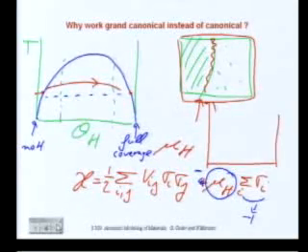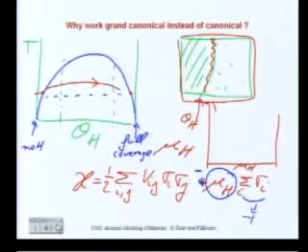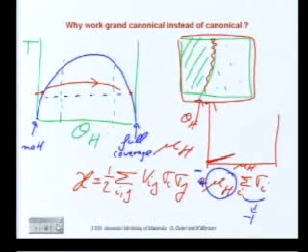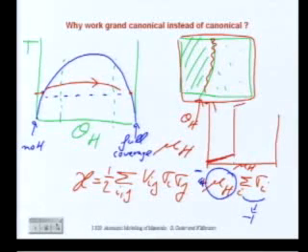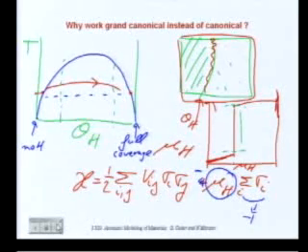If you were to plot the hydrogen coverage as a function of the chemical potential, you'll essentially go up very small, and then at some critical chemical potential, you'll jump up, and then you'll go to 1. And this discontinuity here, that's the width of your two-phase region.